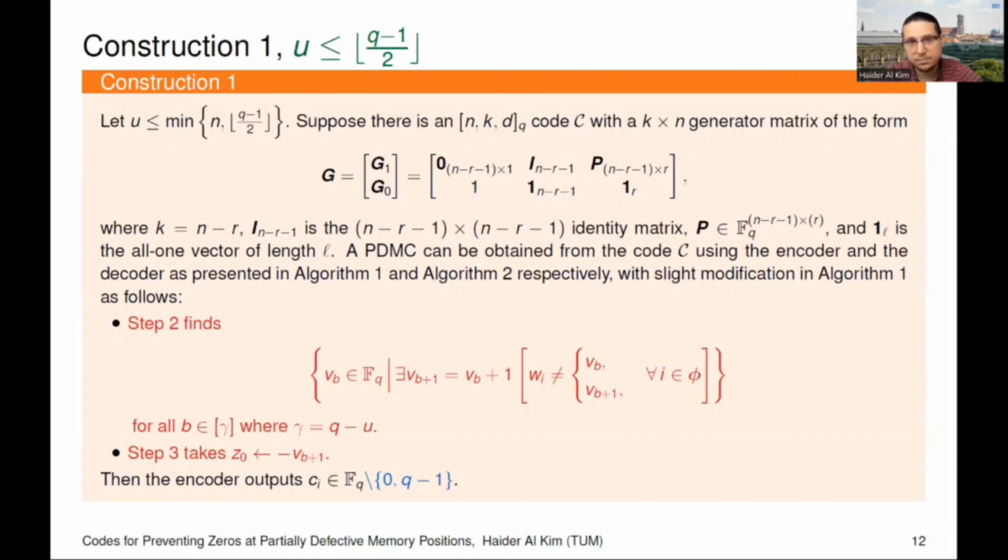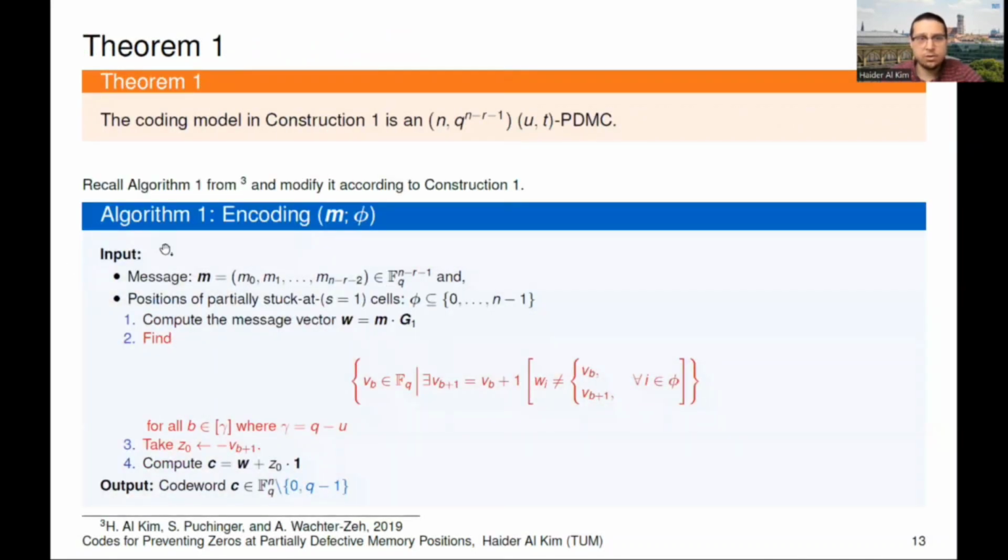This is by modifying the condition on the augmented message vector omega here. So if we recall algorithm 1, we modify this step and the other one. This is omega, which is the sum of m multiplied by g_1.